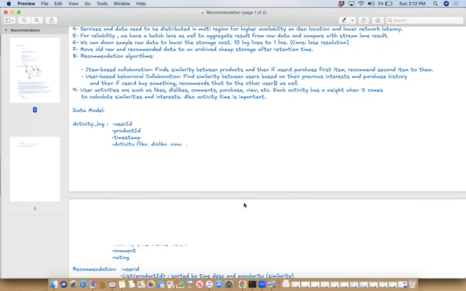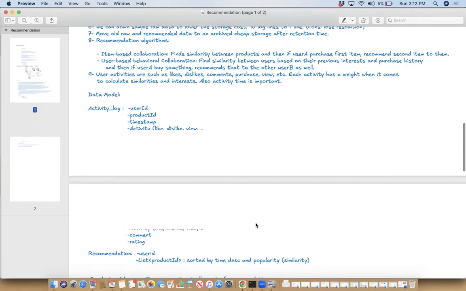For example, a comment has a bigger weight than a like or dislike, and a purchase should be the most influential activity compared to others. So when we create a similarity score, we should consider all those weights in our algorithm.